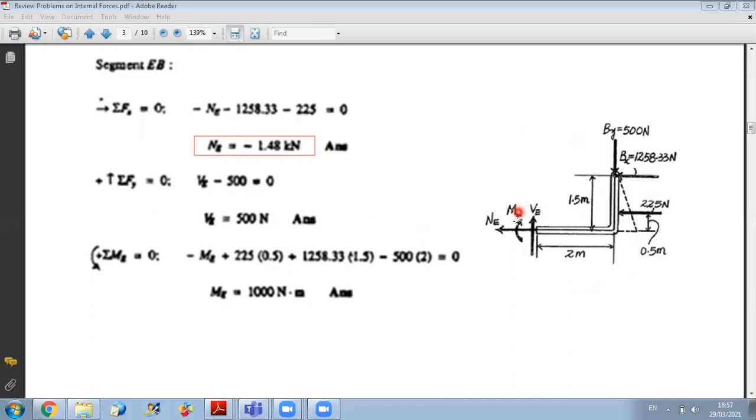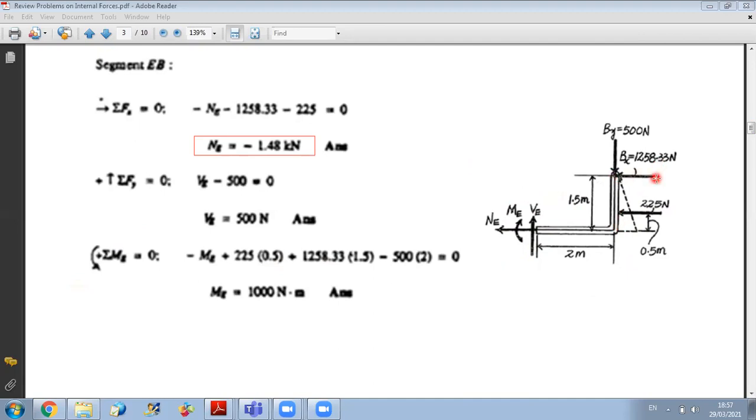Finally, to get the value of the bending moment ME, I will do sum of moments about E equals 0. I selected counterclockwise as positive. So I have minus ME, because ME is clockwise to compress the upper part of the beam. Plus, the moment of the 225 Newton force is counterclockwise, so it's positive: plus 225 times the distance, which is 0.5.